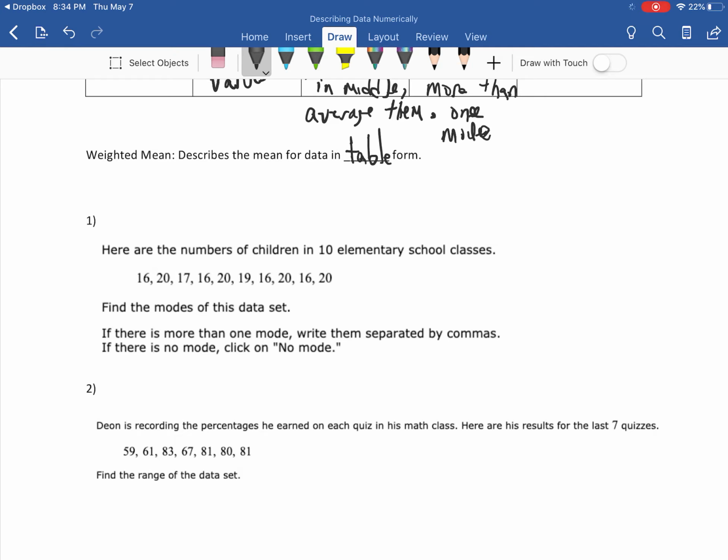So number one, here are the number of children in 10 elementary school classes, and we have this data set. Find the modes of the data set.